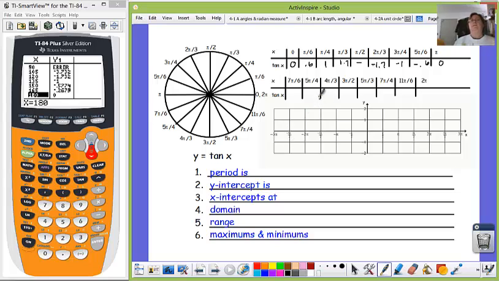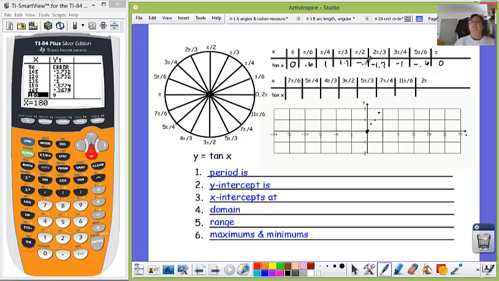Let's graph what we have. At pi sixths, so a third of the way through, it's at 0.6. Halfway through, we are at 1. And at pi thirds, which is almost 2/3 of the way through, we're at 1.7.